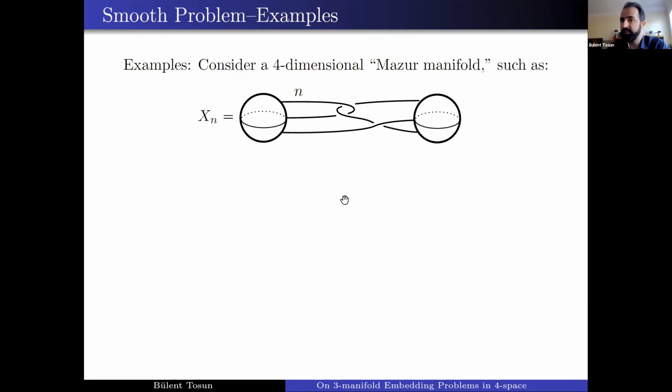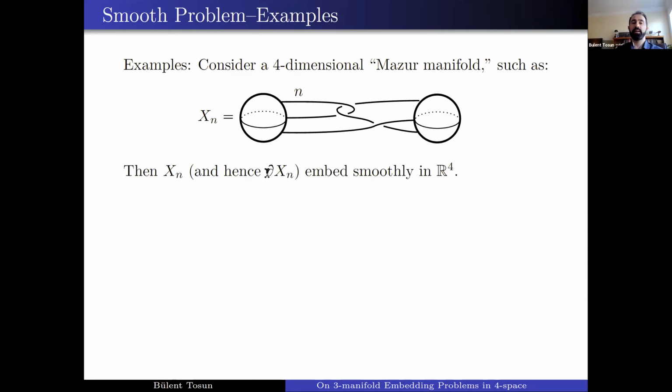The boundary of such manifolds could be really interesting, and the boundary will be an integral homology sphere. What is true is that not just the boundary, indeed the entire four-manifold smoothly sits inside R4. If you have never seen it, the proof is really nice. It's actually just the original proof of Mazur's from 1961.